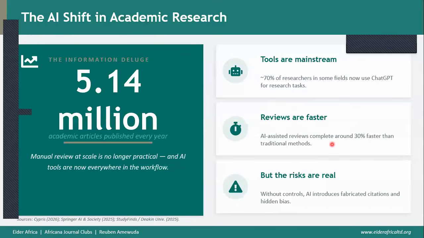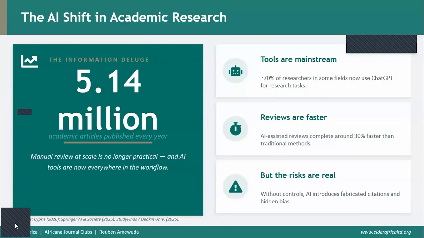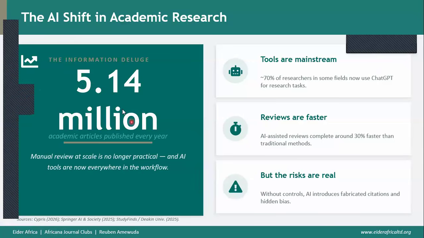Okay, so now this is a few disclosures that I want to touch on. Research has found that 5.14 million academic articles have been published so far. 5.14 million articles. That means 5 million articles is not a joke.